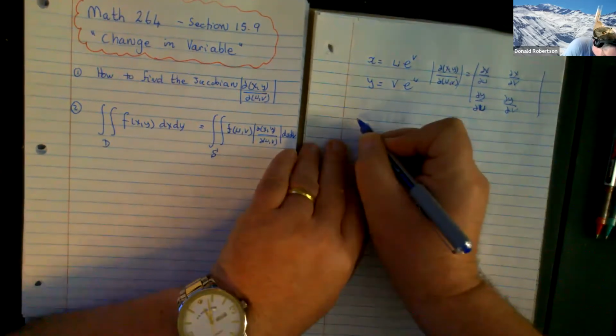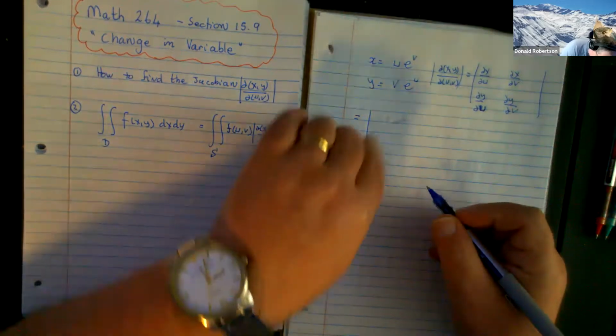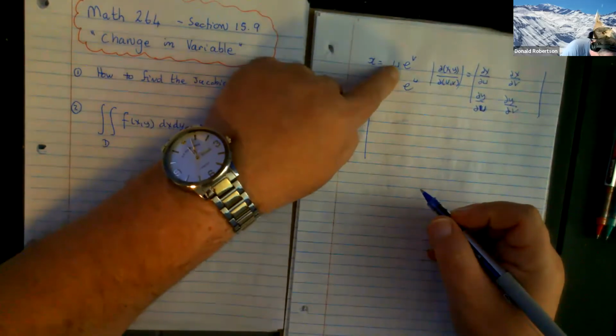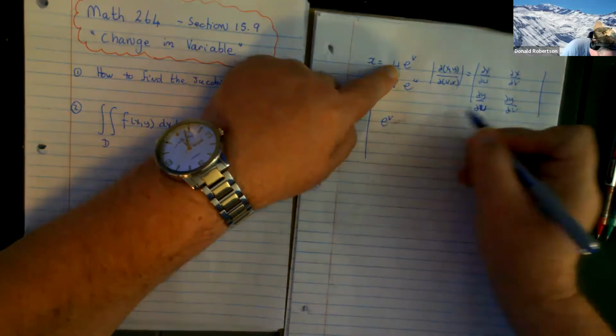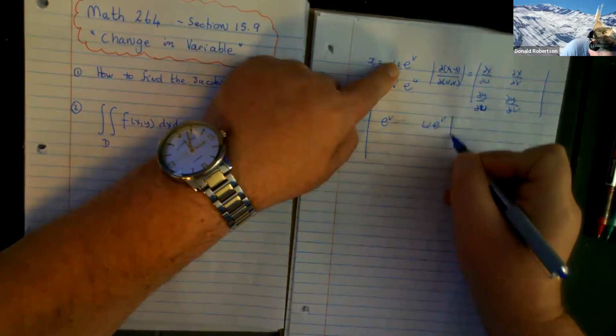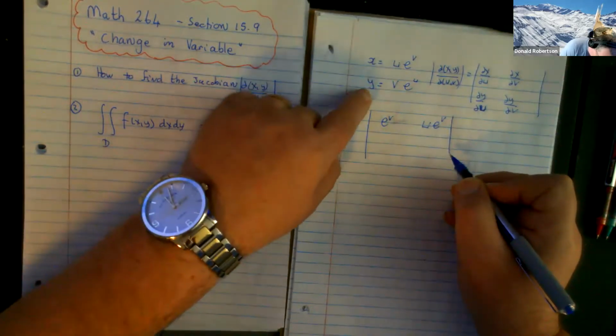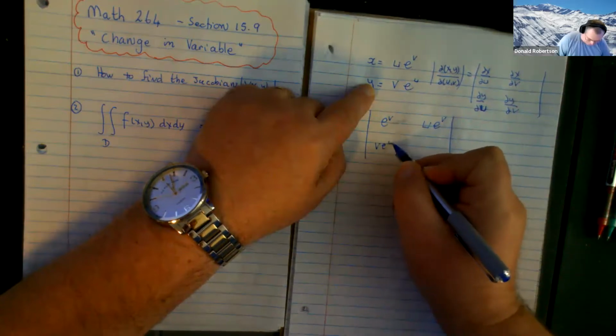So that's going to equal, if you differentiate this with respect to u, you get e to the v. And if you do it with respect to v, you get the same guy you started with. If you do this guy with respect to u, you get the guy you started with. And this guy with respect to v, you get that.